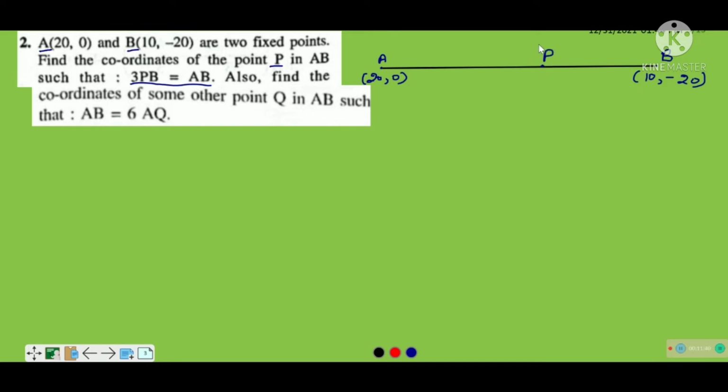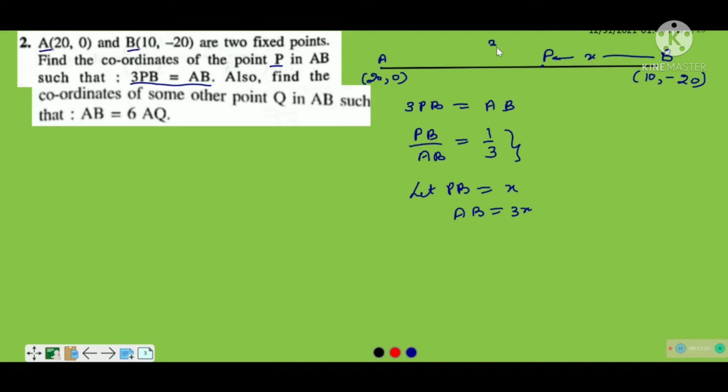Suppose this is the point P. तो हमें given है 3PB is equal to AB means PB upon AB is equal to 1 upon 3 according to ratio proportion. Let PB is equal to x, then AB will be 3x by this relation. If PB is x, then AB is 3x.